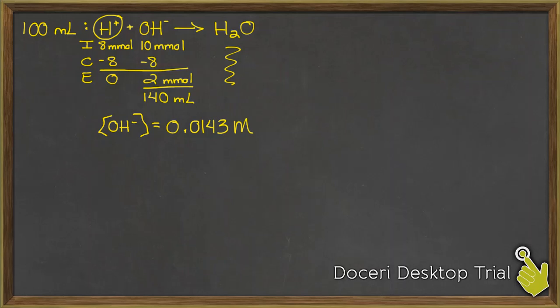Now in this one, guys, since the acid was the limiting reactant and I have excess hydroxide left over, I've got a hydroxide ion concentration. Probably the easiest thing to do would be to find the pOH first, which is the negative log of the hydroxide ion concentration. And I get this for the pOH.